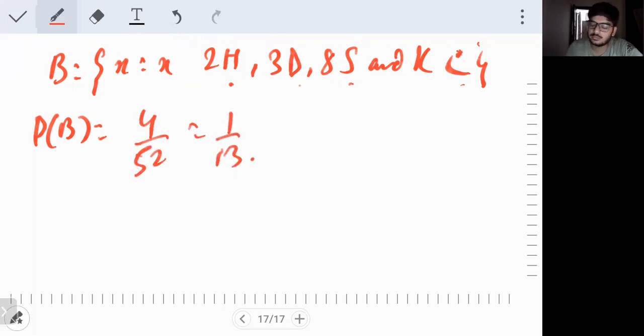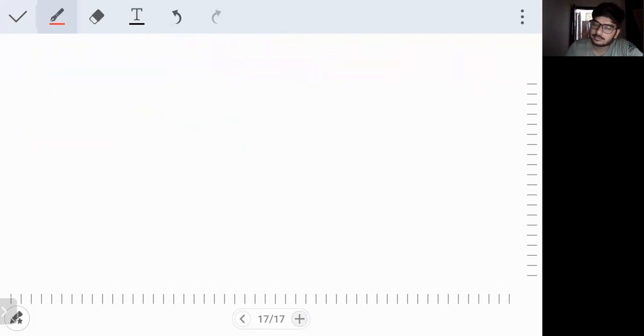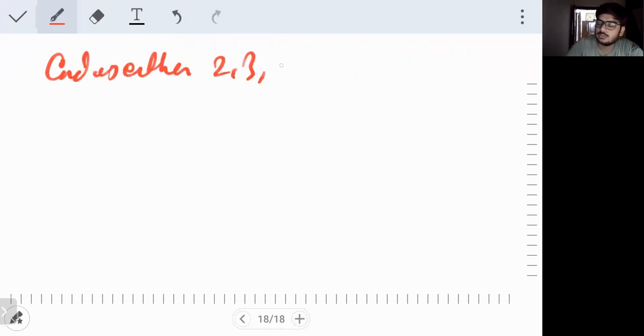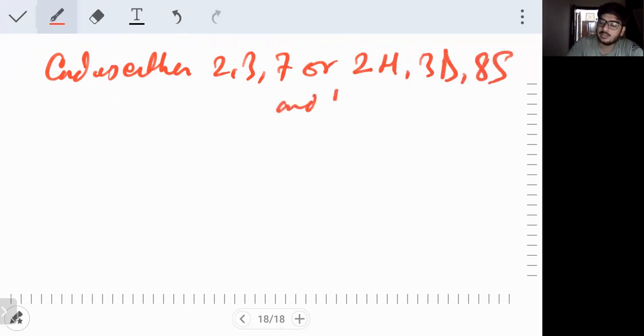If there is a question that the card is either 2, 3, 7, or 2 of heart, 3 of diamond, 8 of spade, and king of club, let's count the total events.